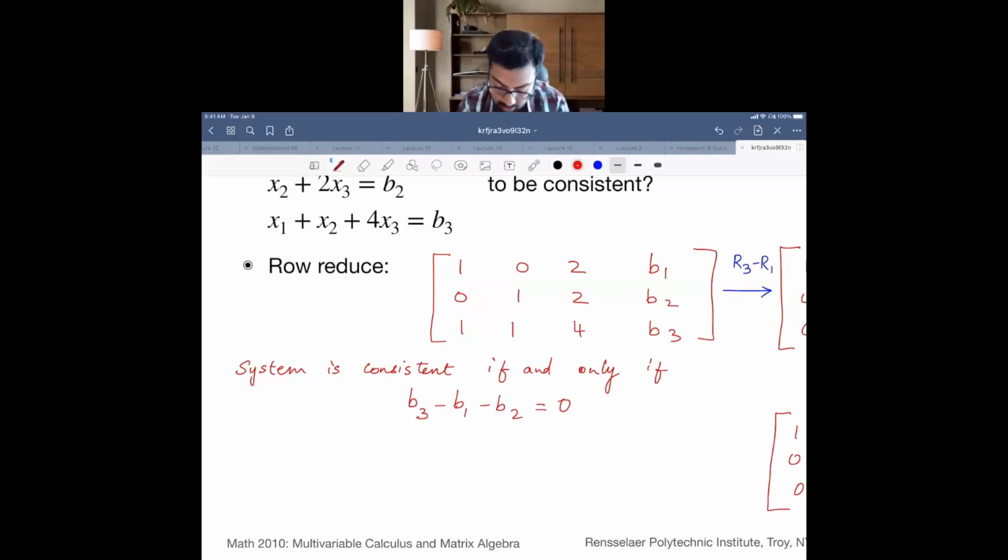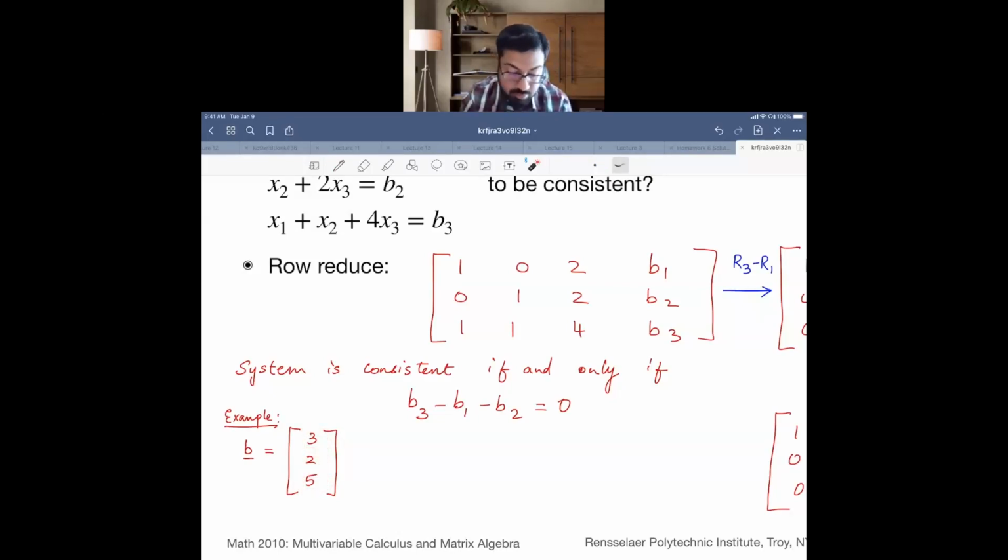So for example, if vector B is 3, 2, 5, what do you get? Let's check for consistency. B3 minus B1 minus B2: 5 minus 2 minus 3 will give you a 0, right?